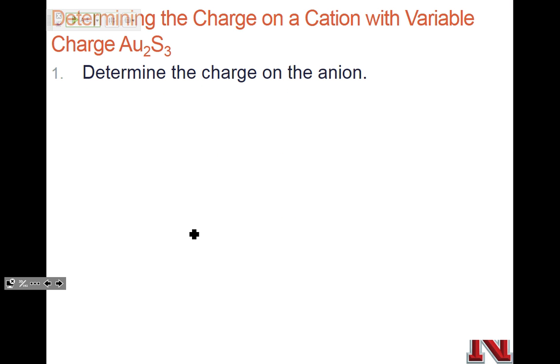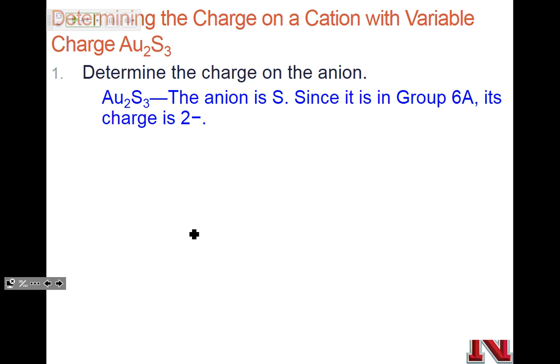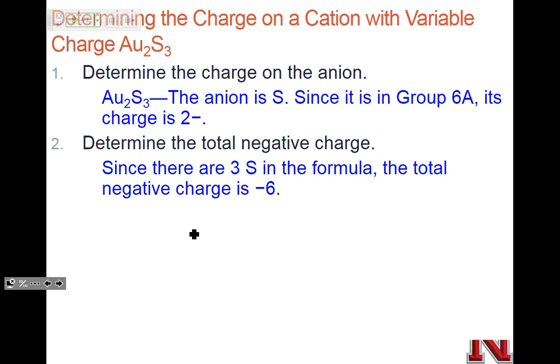If we look at this example, again, here we're looking at gold. You don't need to know which charges gold forms, but you do know which charge sulfur forms. So our charge in our anion, sulfur, is 2-, based on where it is in the periodic table. So we can then calculate our charge for gold because we know we have 3 sulfurs.